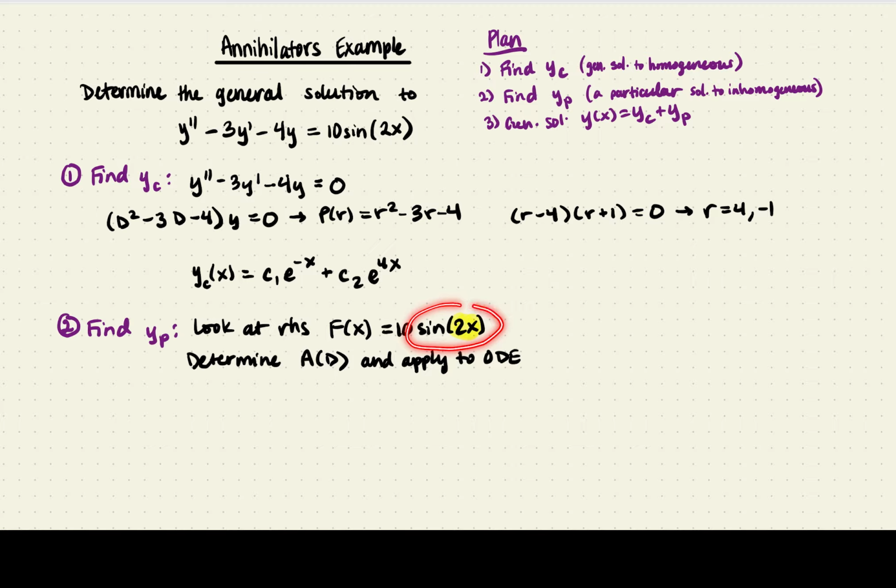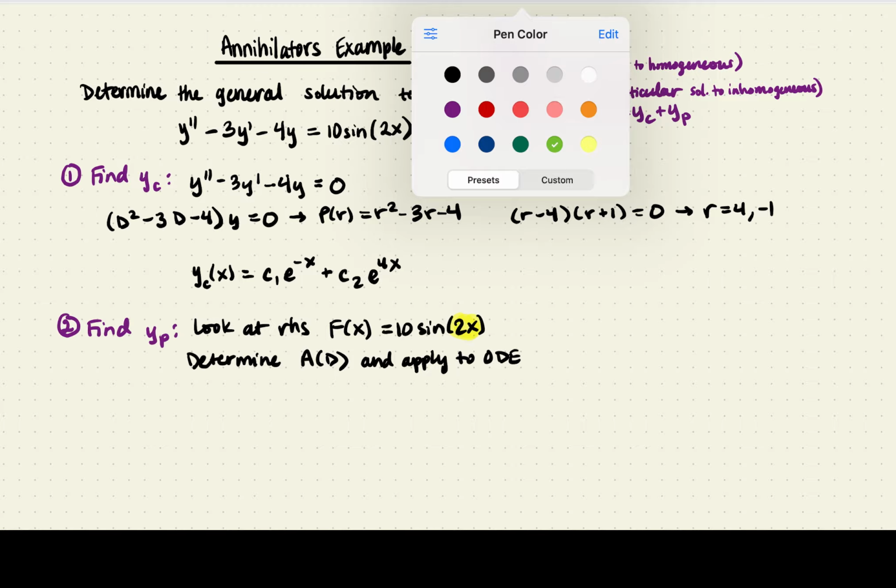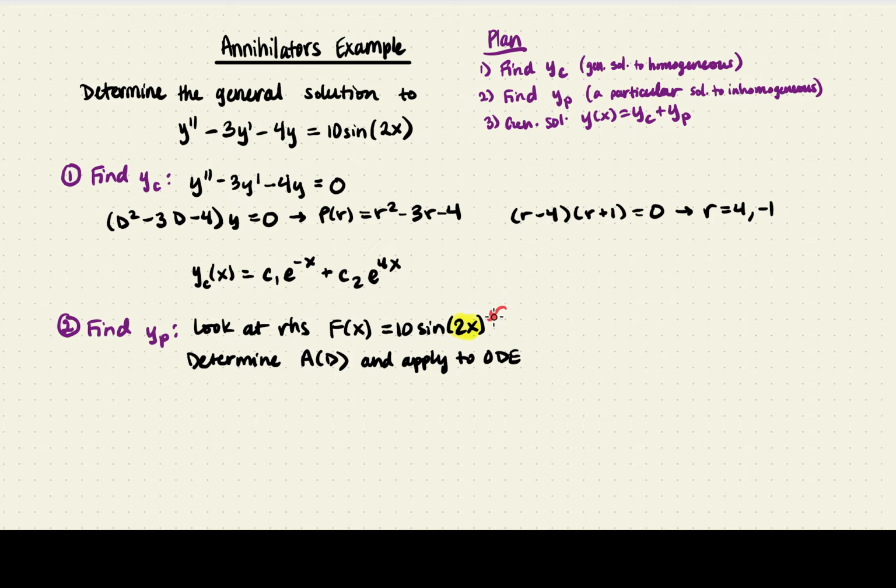I just want to focus on how I would have gotten sine 2x. It would have been an operator that would result in an auxiliary polynomial that had roots r equals 0 plus or minus 2i. If I had the roots plus or minus 2i for my auxiliary polynomial, then I would have written down a solution of the form sine 2x.